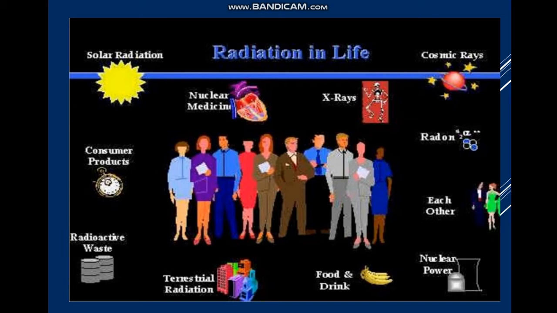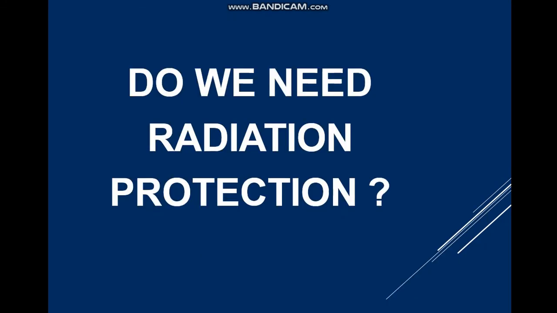Human exposure to radiation also comes from human-made sources, ranging from nuclear power generation to medical uses of radiation for diagnosis or treatment. Today, the most common human-made sources of ionizing radiation are medical devices, for example, including X-ray machines.